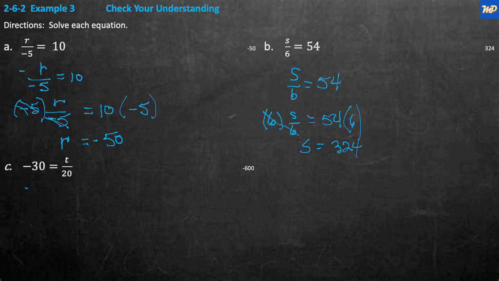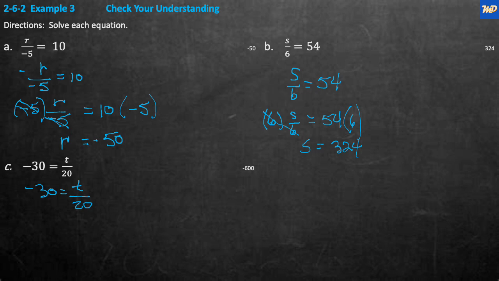C says negative 30 is equal to t divided by 20. This time we're dividing our lone variable over here by 20. That means we have to multiply by something to get t by itself, and what you multiply it by is its reciprocal.